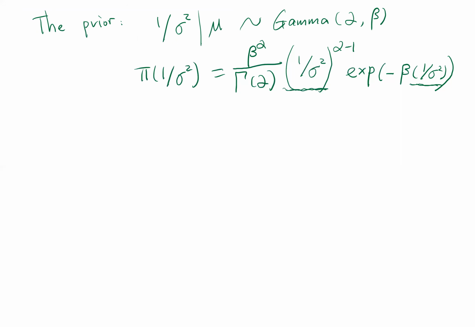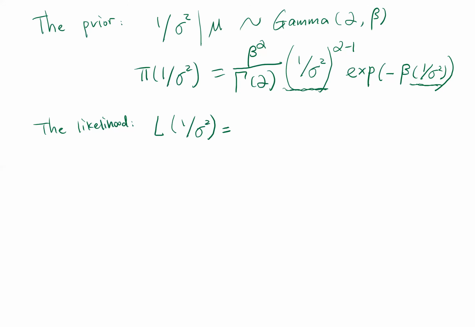And the likelihood, we know, is the joint IID density. Remember, we still use L to stand for likelihood, and instead of sigma I'm writing in terms of 1 over sigma squared because I'm treating this as the unknown parameter. This is not new, because the likelihood comes from the joint density of the normal.